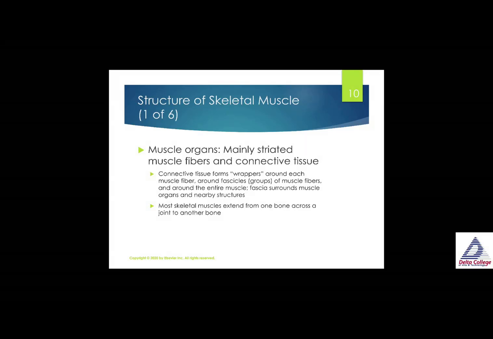Now, muscle organs. They're mainly striated muscle fibers and connective tissue. Connective tissues form wrappers around each muscle fiber, around fascicles or groups of muscle fibers, which actually produce something called fasciculations, where they involuntarily twitch sometimes because of an imbalance of the electrolytes at that moment, and around the entire muscle.